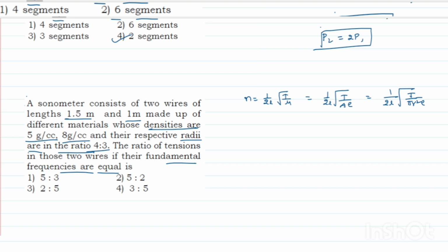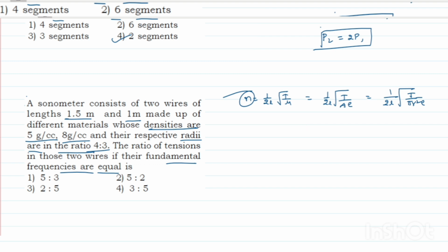So here n is directly proportional to the given quantities. The wires have given lengths, densities, and the ratio of tensions if their fundamental frequencies are equal. That means the frequency remains constant, students.